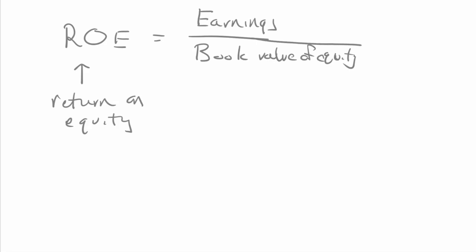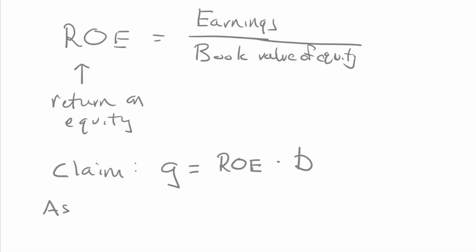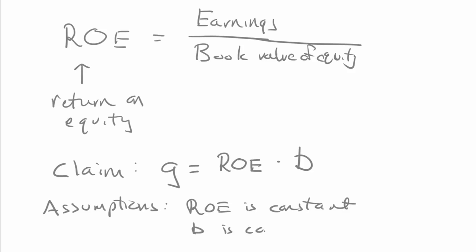So here's my claim, which I'm going to prove. The claim is that the growth rate of dividends is equal to my profitability, return on equity, times my plowback ratio. By the way, this requires certain assumptions. The assumptions are that ROE is constant and that B is constant.